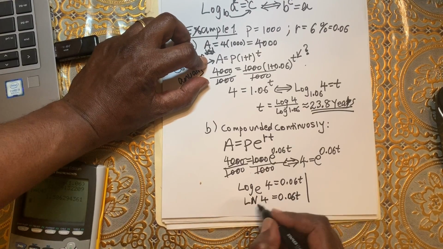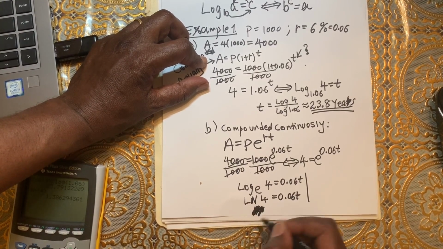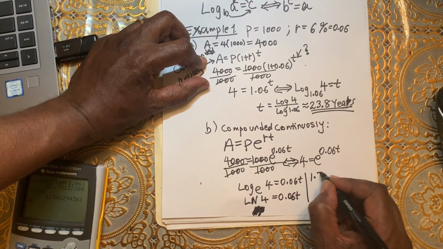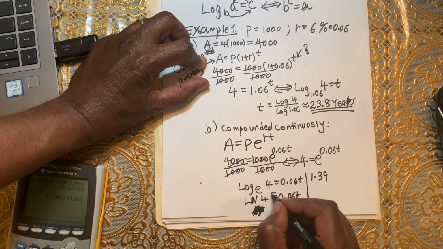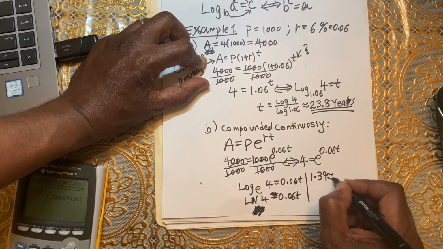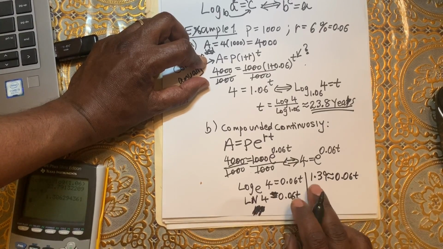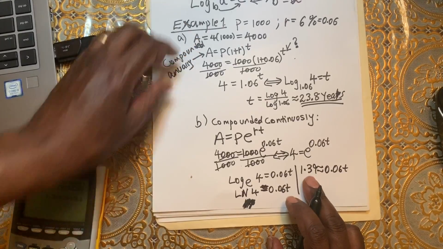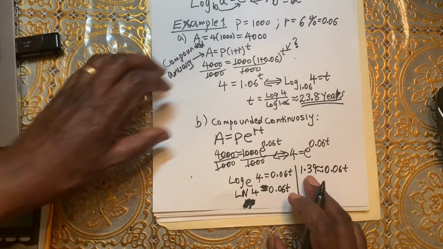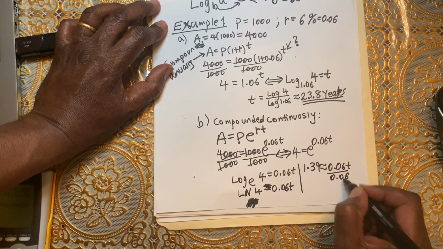Let me take it as 1.39. This is an approximate value, because ln 4 is more than that; we rounded it. So 1.39 equals 0.06T. Now to get T, you need to divide by 0.06.